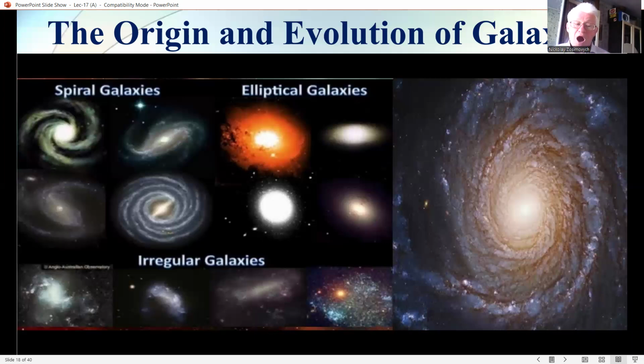You can also argue that a single spiral or a single irregular galaxy cannot evolve into an elliptical galaxy, because spiral and irregular galaxies contain both young and old stars.